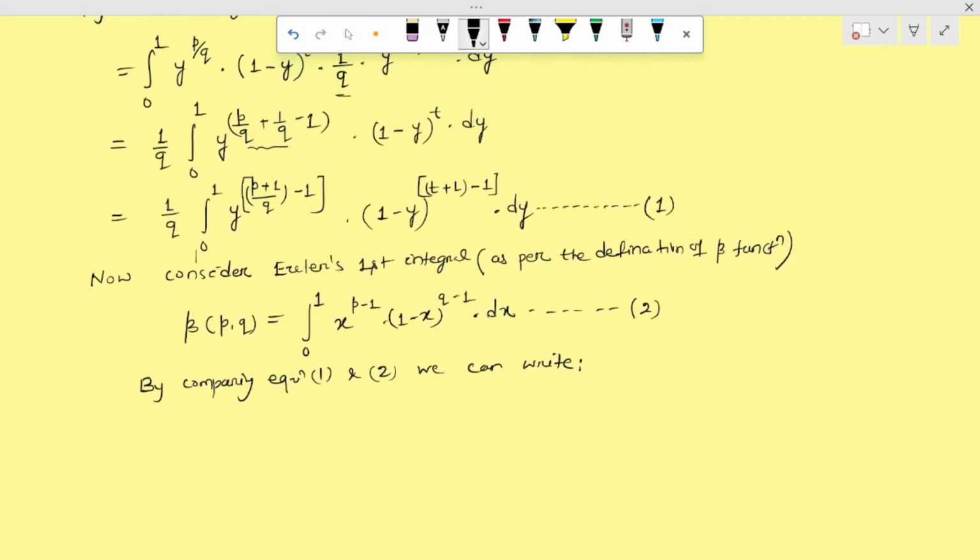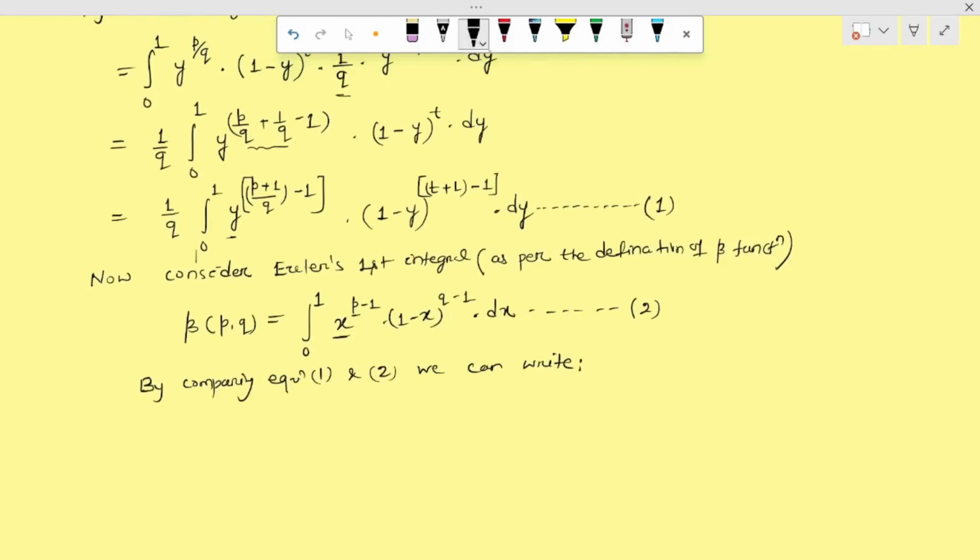See here, instead of x, y is there, instead of p, here p plus 1 by q is there, here p minus 1, here p plus 1 by q minus 1 is there, and here instead of q, t plus 1 is there, and integration is 0 to 1.